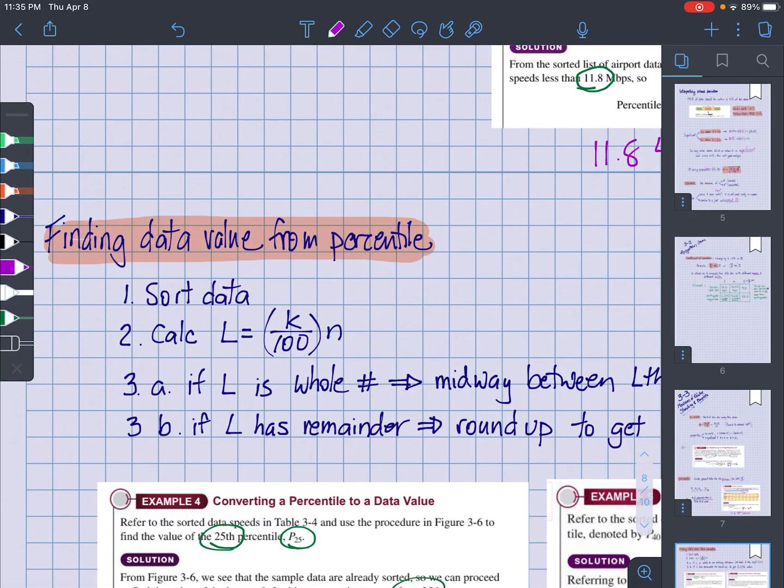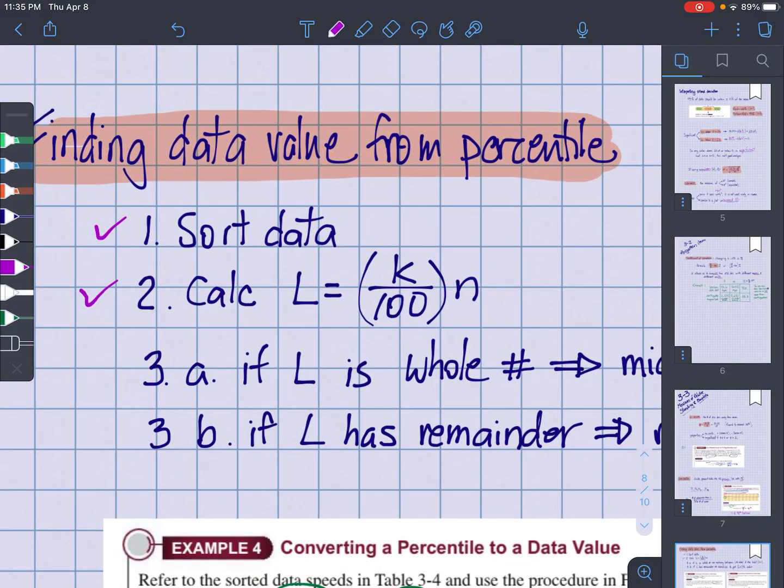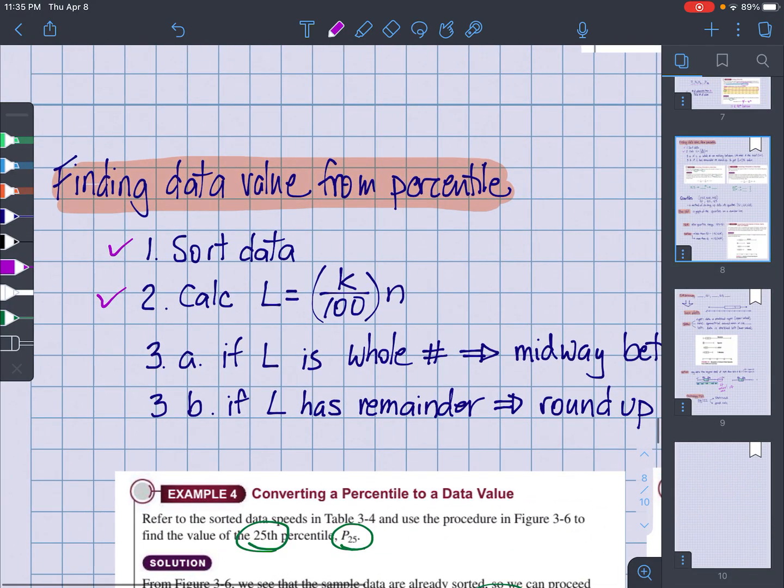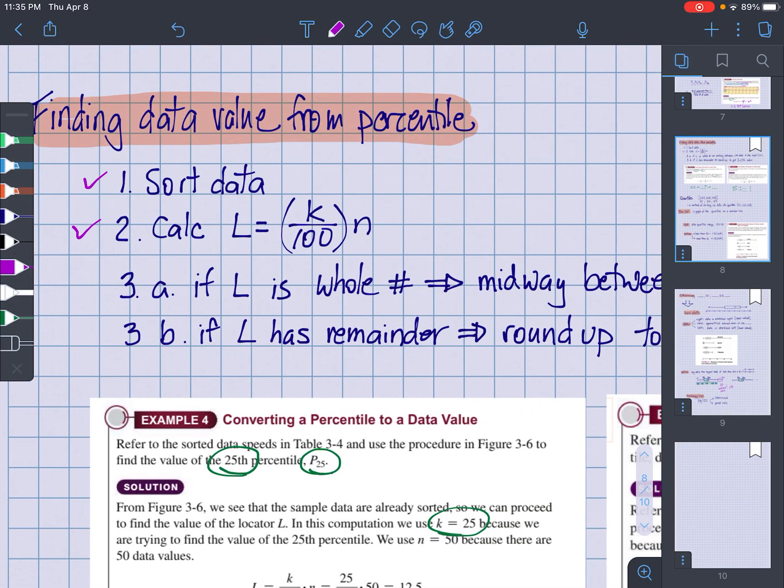Now, let's say we know the percentile, and I want to know the data value, like what data value is in the 25th percentile. Item number 1, sort your data. Next, we're going to take L equals K divided by 100 times N. All right, so let's go through an example of that. Sometimes we're going to get a whole number, sometimes L will have a remainder.